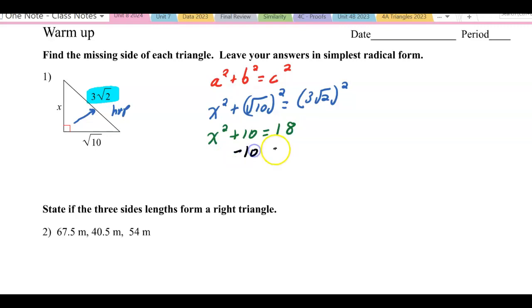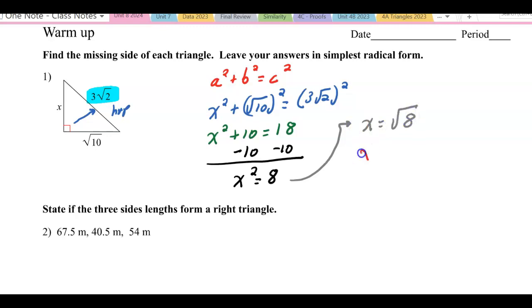We could subtract 10 from both sides. We'll get x squared is equal to 8. Then we're going to take the square root of both sides, so x is the square root of 8. And that breaks down to square root of 4 times square root of 2. So x is 2 square root of 2.